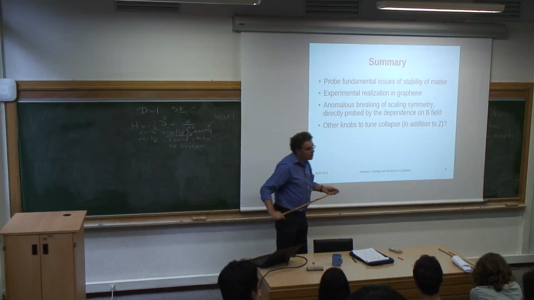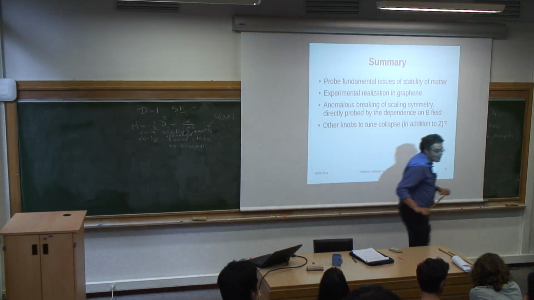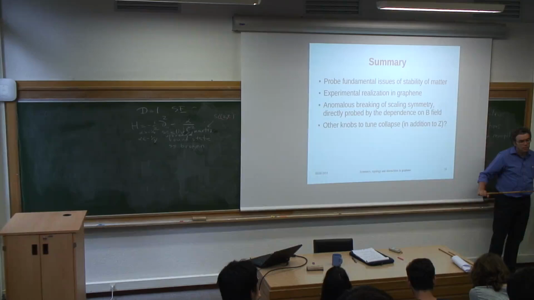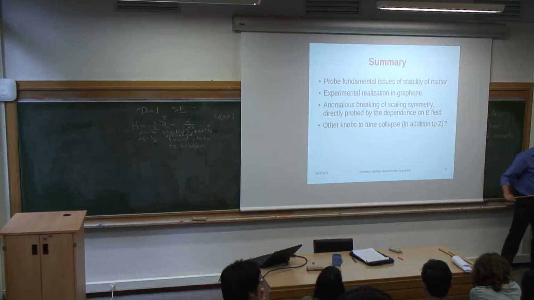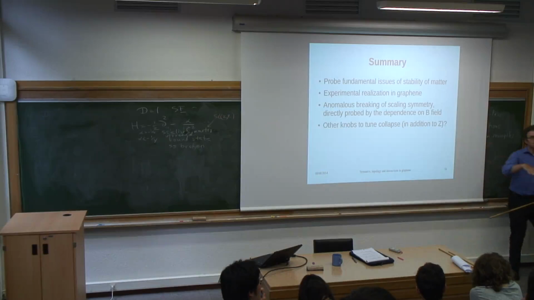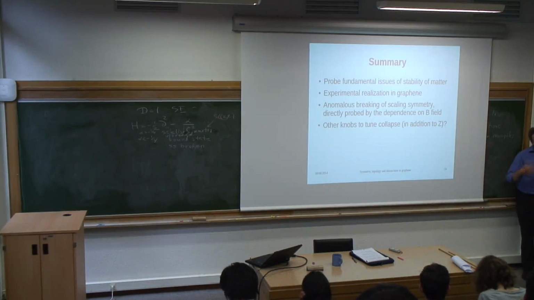How much does the curvature of the graphene sample affect the scaling? Because the curvature leads to a pseudomagnetic field. So first of all, let me explain what the comment was. If you strain graphene, then there is a pseudomagnetic field generated by strain.